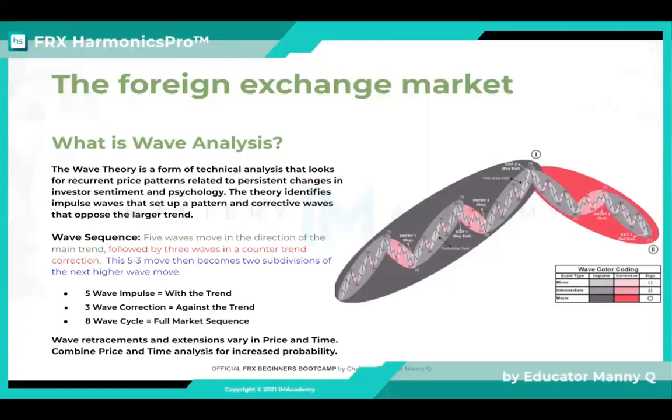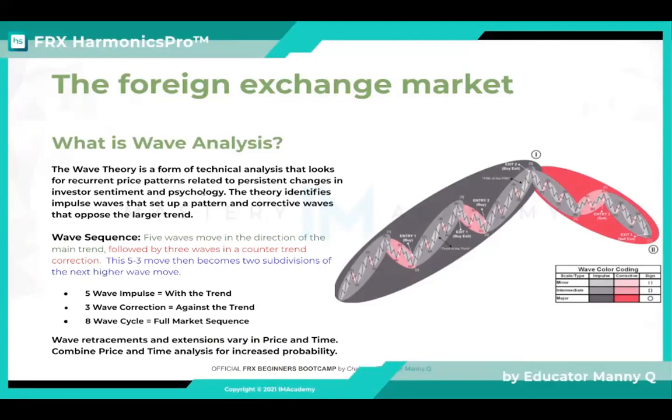wave analysis. Okay. So let's talk about what is wave analysis. The wave theory is a form of technical analysis that looks for recurrent price patterns, related price patterns, meaning those pushes and those corrections, okay, related to persistent changes in investors' sentiment and psychology. What does that mean?